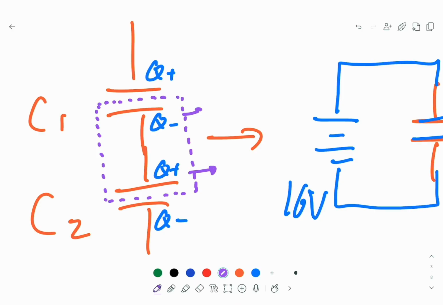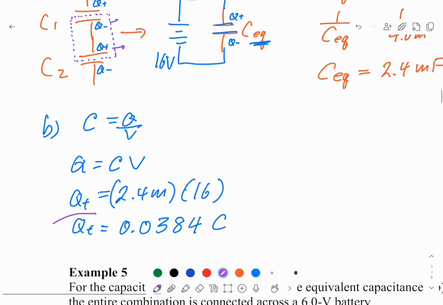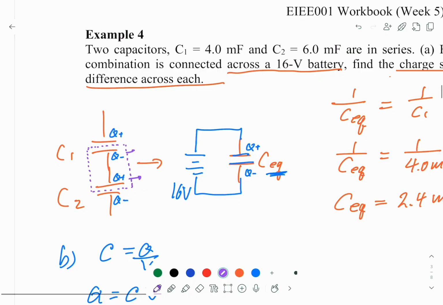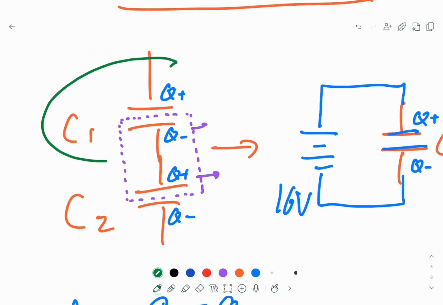We know each capacitor has the same charge as the total charge on the equivalent capacitor. So we can now find the voltage across here, because C1 equals Q over V1.